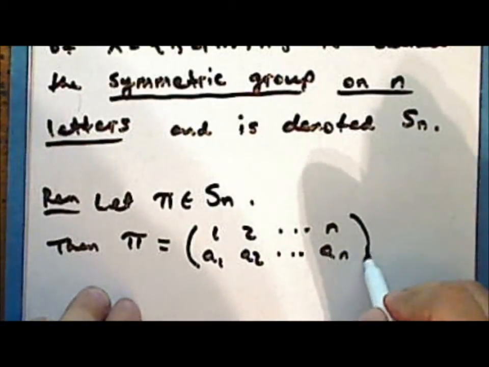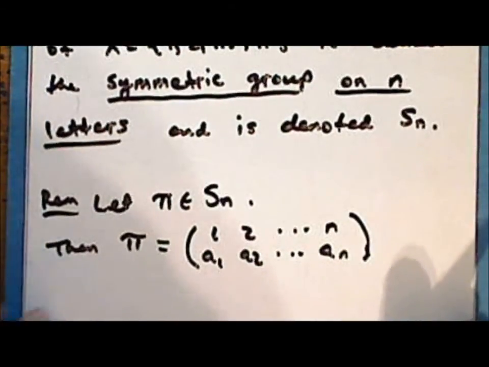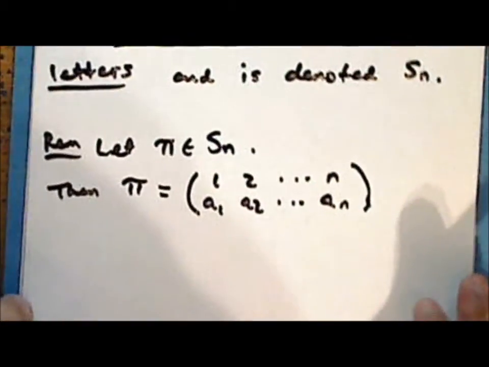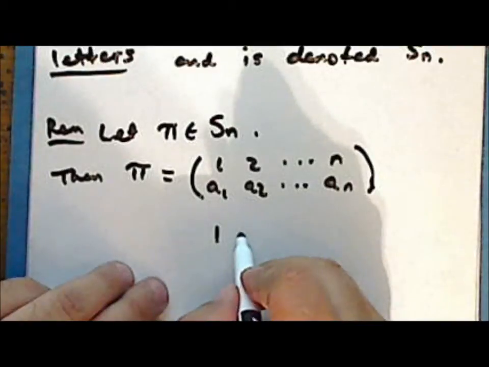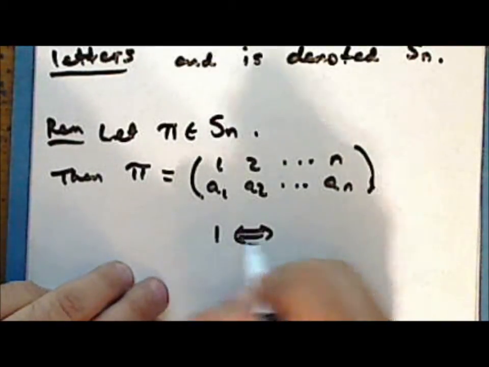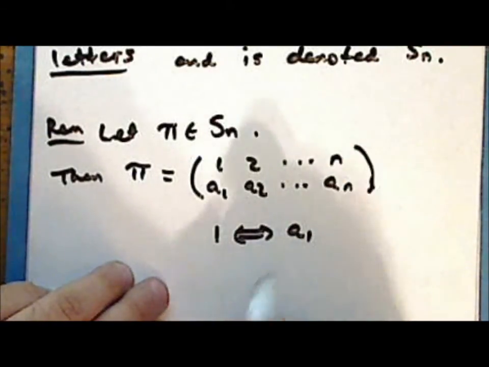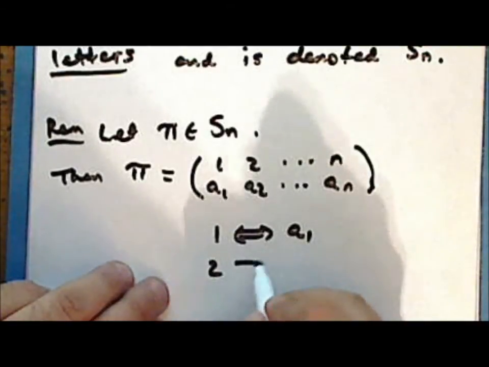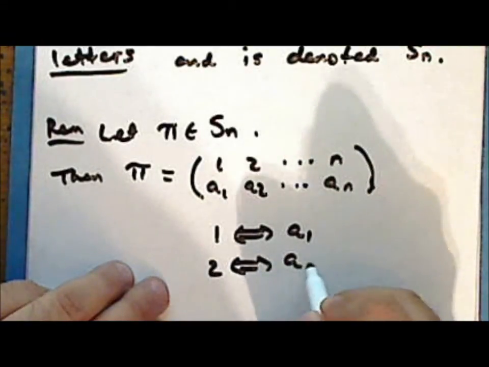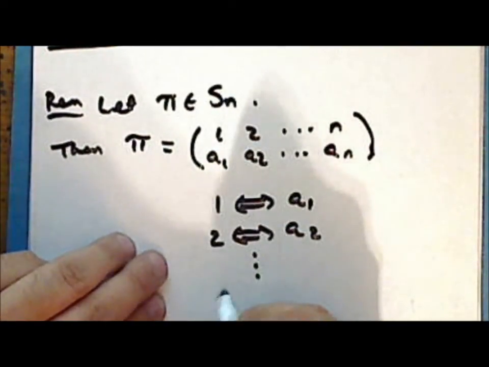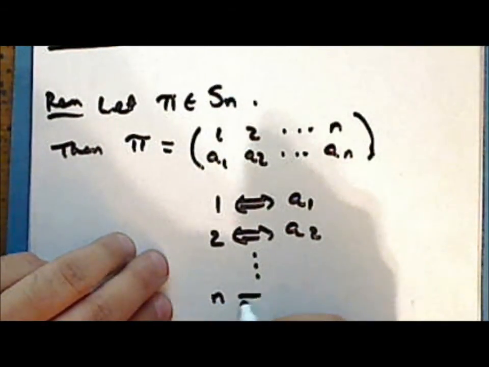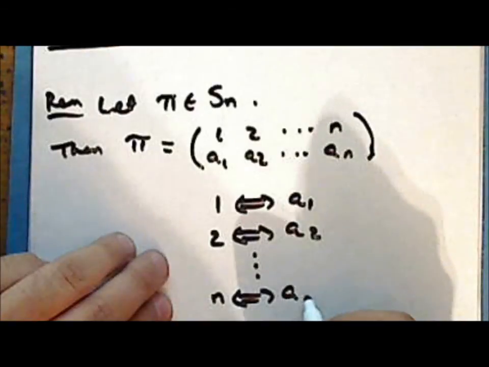And this is a direct representation of the bijective map, where the integer 1 is mapped onto the integer a sub 1. The integer 2 is mapped onto the integer a sub 2, and so on, so that in general the integer n is mapped onto the integer a sub n.